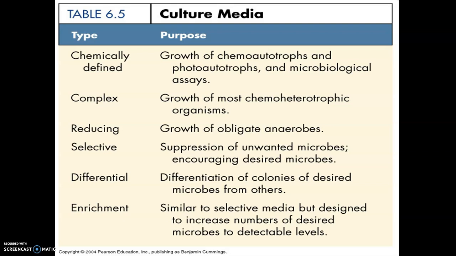Reducing media is used for obligate anaerobes. Selective types of media encourage desired bacteria to grow. Differential media is for the differentiation of bacterial colonies. And enrichment is like a super version of selective, okay?